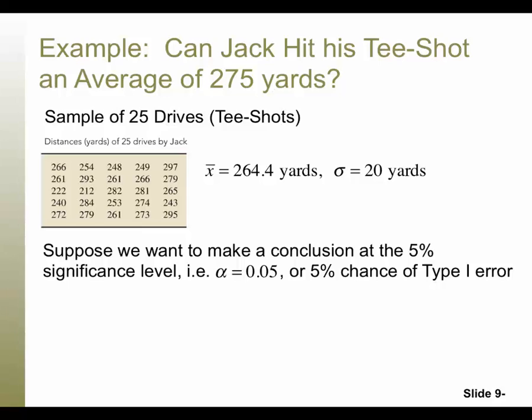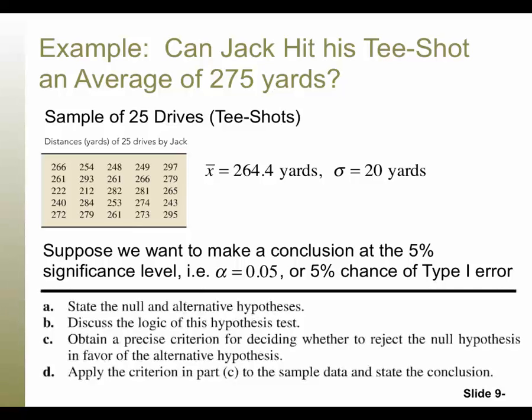We want to make a conclusion at the 5% significance level. In other words, alpha equals 0.05, a 5% chance of a type 1 error. Okay, so that was the setup.